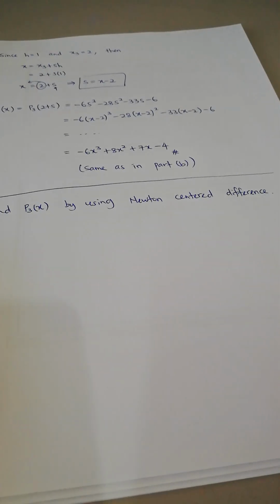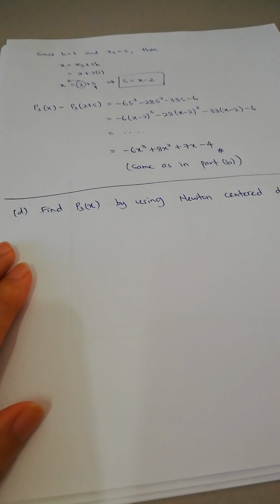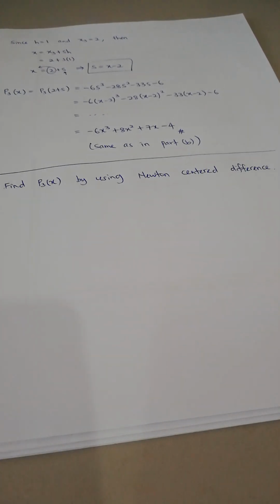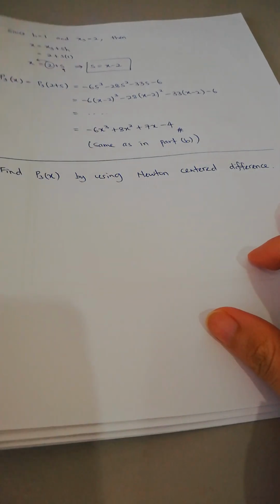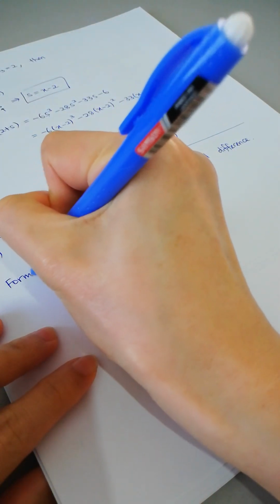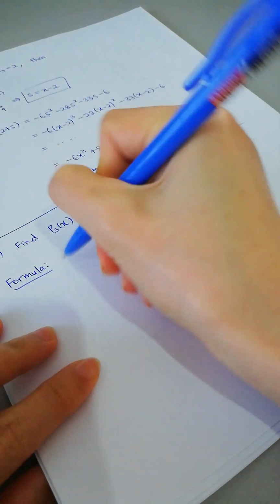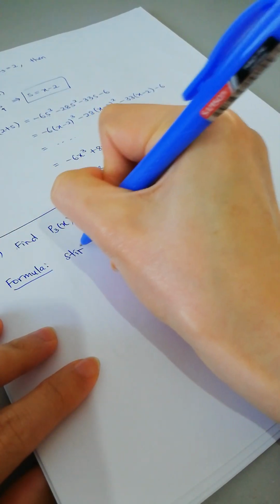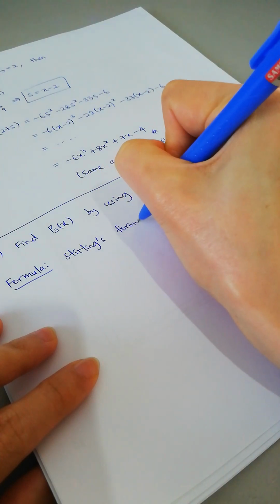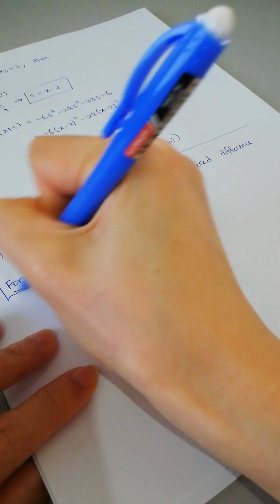So you need to find p3 x by using Newton centered difference. Again, you should know what the formula is. You need to use the Stirling formula.